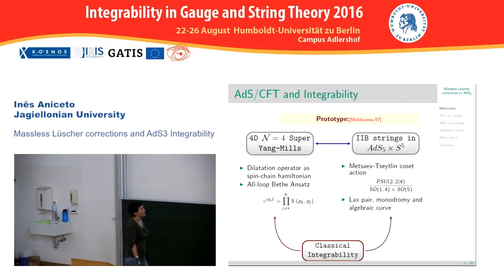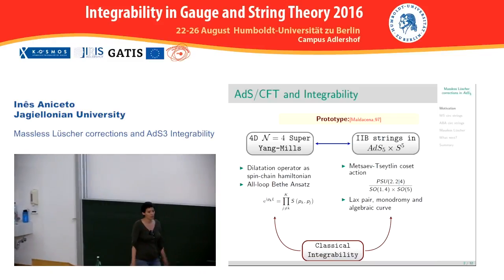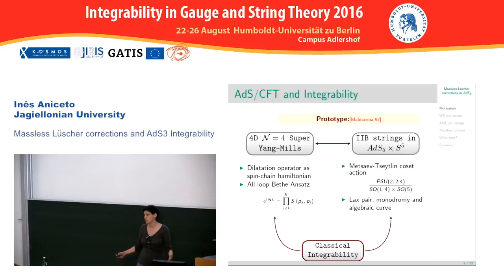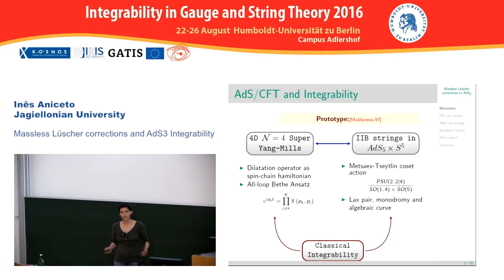So AdS/CFT and integrability: the prototype, of course, is 4-dimensional N=4 super Yang-Mills and strings in AdS5×S5. Classical integrability in that case can be seen from both sides.